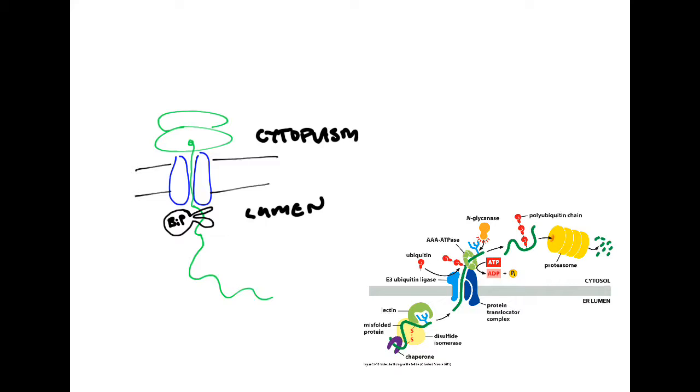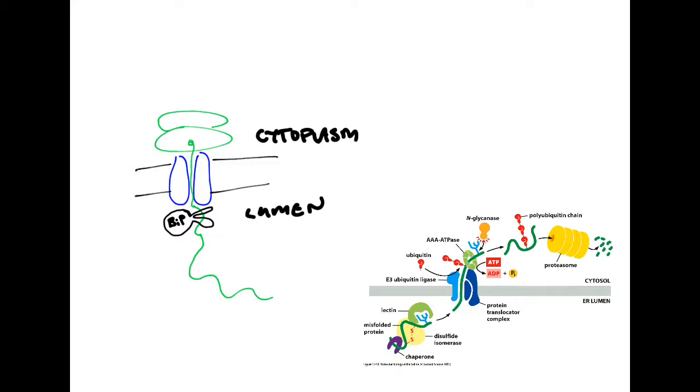So there's essentially a leftover spare part that needs to be gotten rid of. That is handled in exactly the same way that misfolded proteins are handled in the lumen. And both of those are related to the fact that those things have got to be sent to the proteasome. But the proteasome is in the cytoplasm. There is no luminal proteasome.